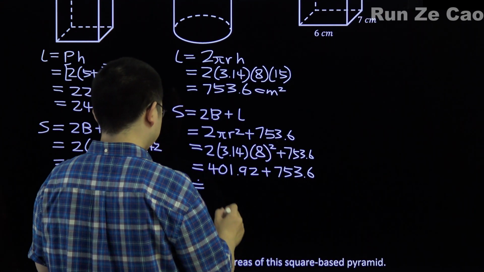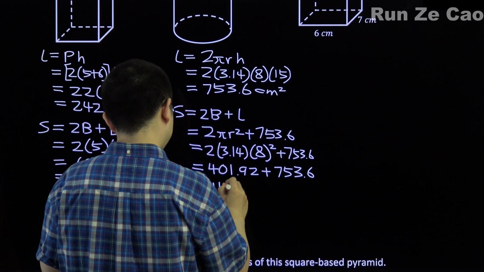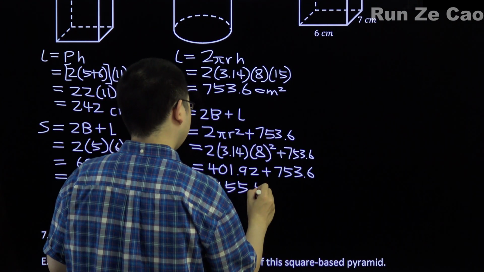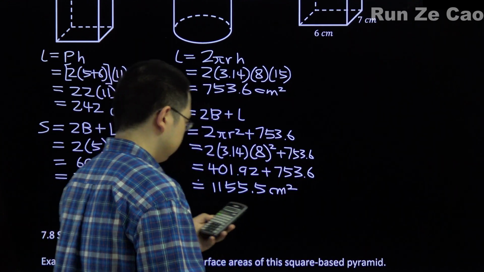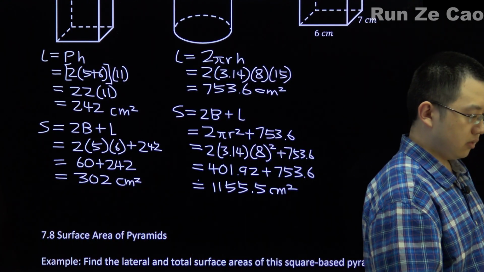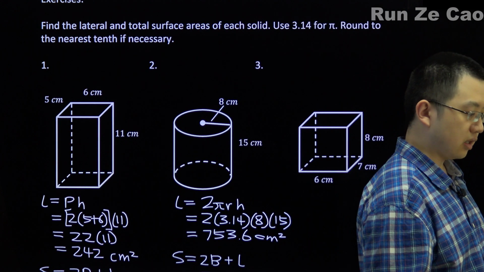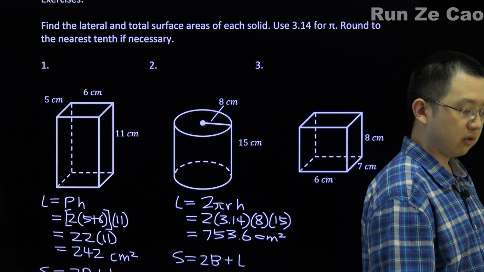Which is going to end up approximately 1155.5 centimeters squared. So, this is to the nearest tenth, as specified.